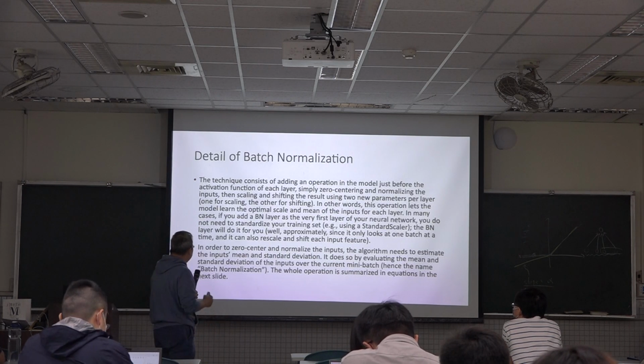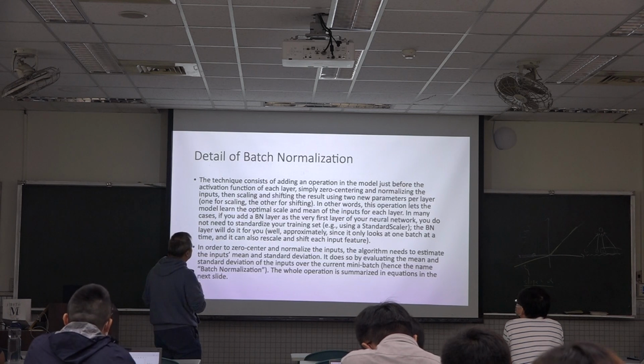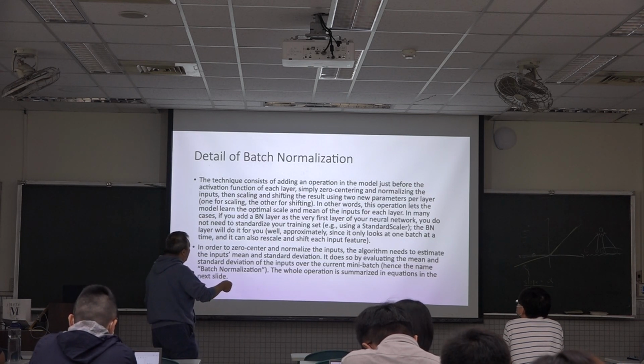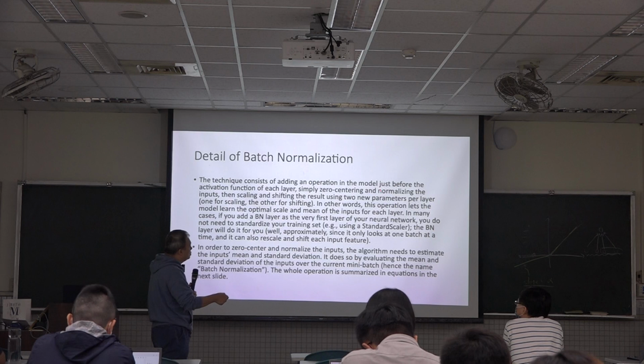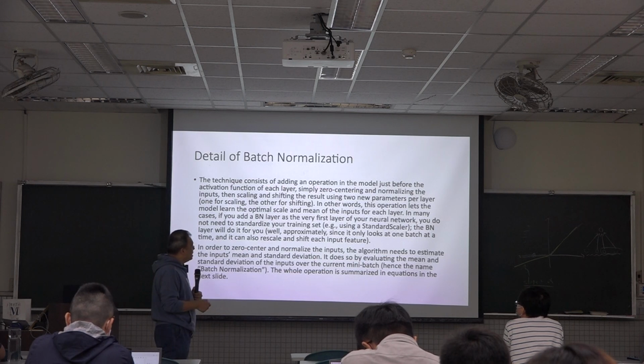The idea is like this. They add an operation in the model just before the activation function of each layer. So what operation to add? They just zero-center and normalize the input.